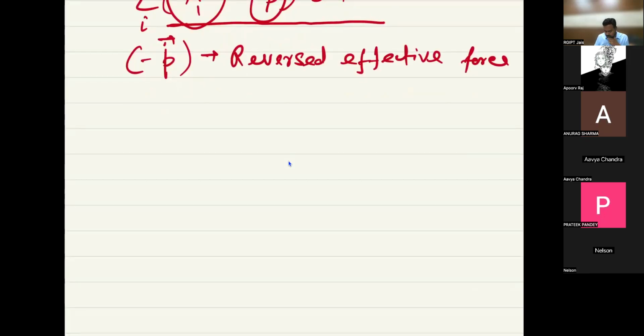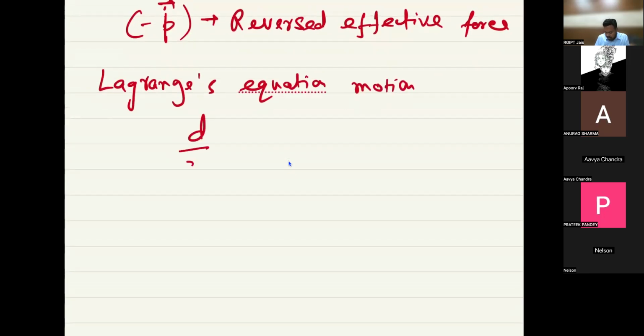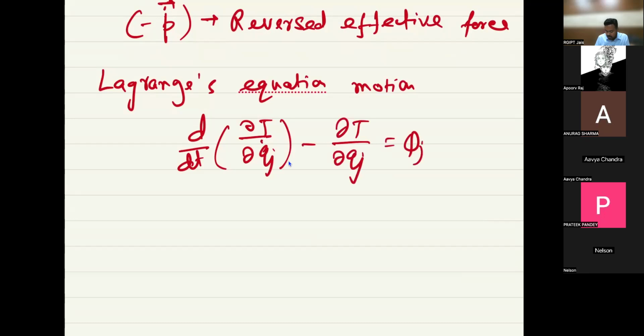And then from D'Alembert's principle, we derived Lagrange's equation of motion. We showed that d/dt of del L del qj dot minus del L del qj equals Qj.